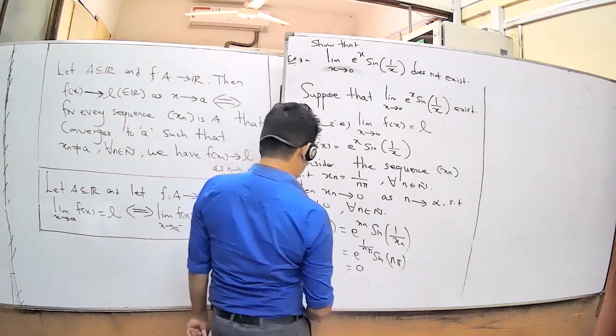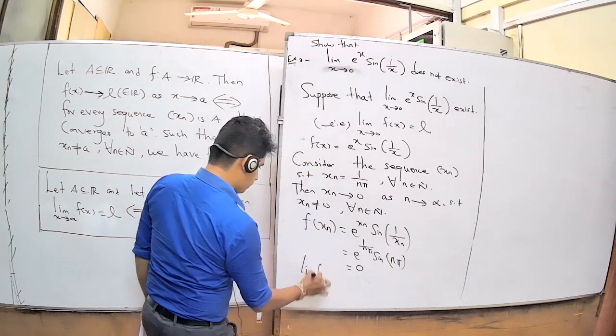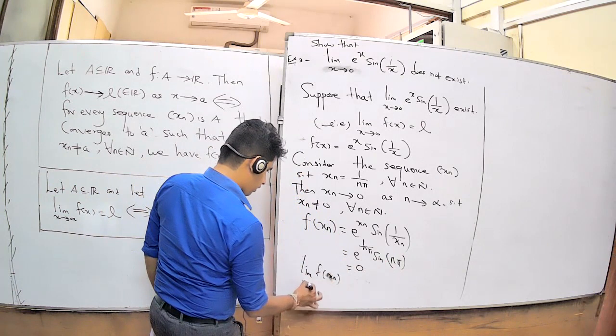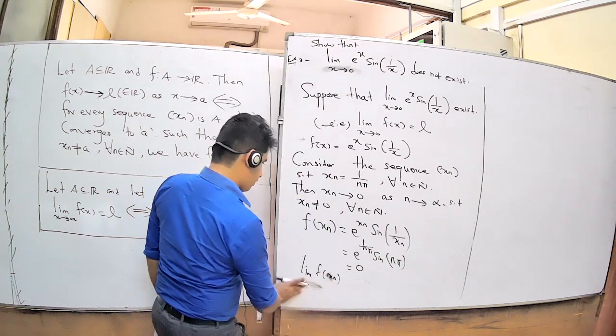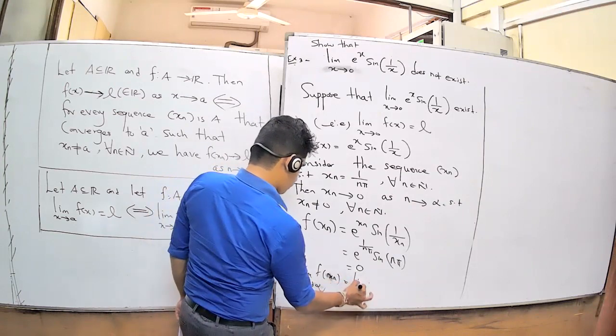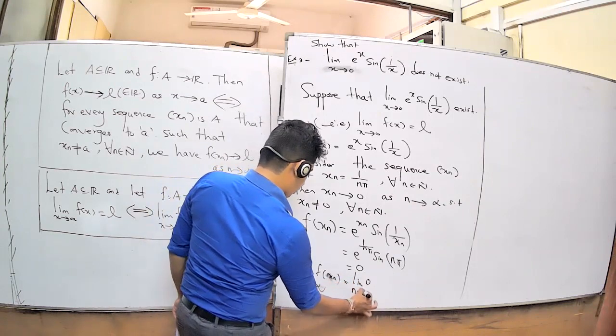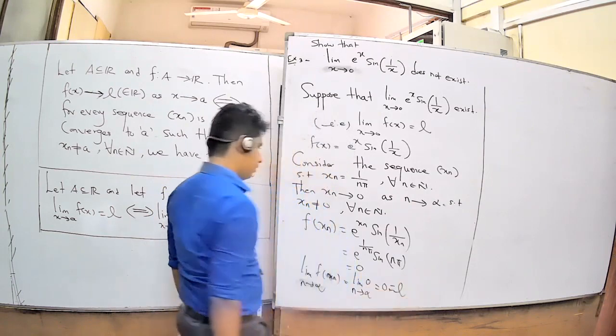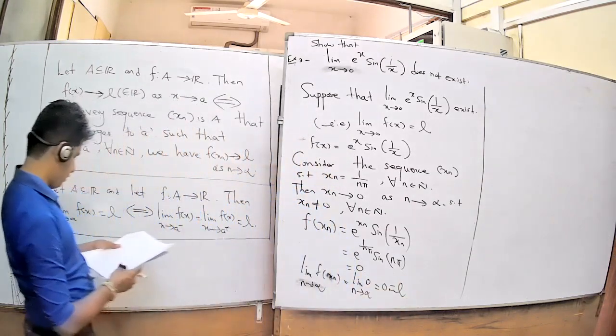Therefore this is 0. Now take the limit of f of x_n as n tends to infinity, the limit of 0, so it is 0. The value for L is 0.